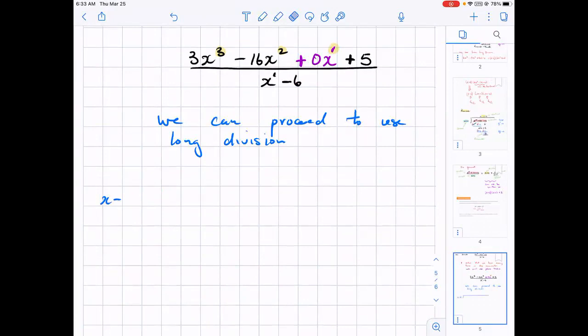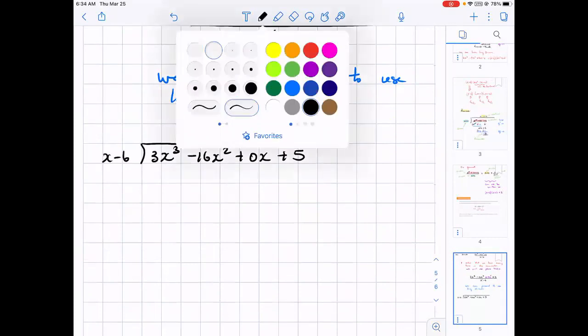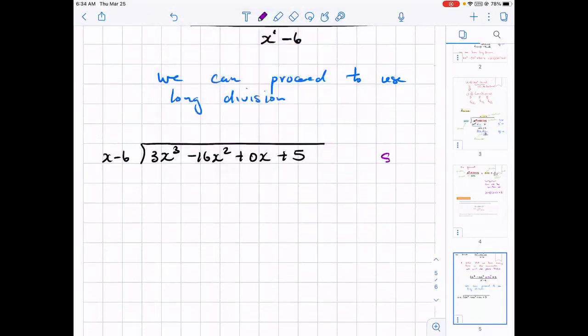I want to do that in black because we need the colors. The colors generally would just give you a good guide to what I'm doing, so you'll be able to follow. So 3x cubed minus 16x squared plus 0x plus 5, and here we have x minus 6. And remember, we have some scrap work.